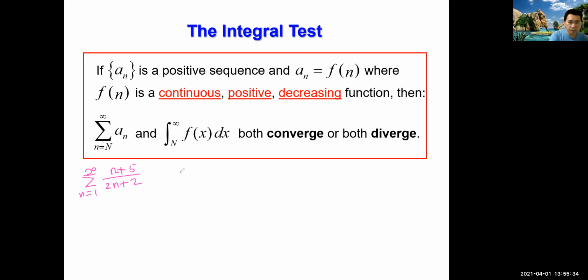Then the function that we consider is x plus 5 over 2x plus 2. Then check the continuity. Is it continuous? Not quite, because when x equals -1, we have 0 on the bottom. But since we start at 1, for x bigger than or equal to 1, f of x is continuous.